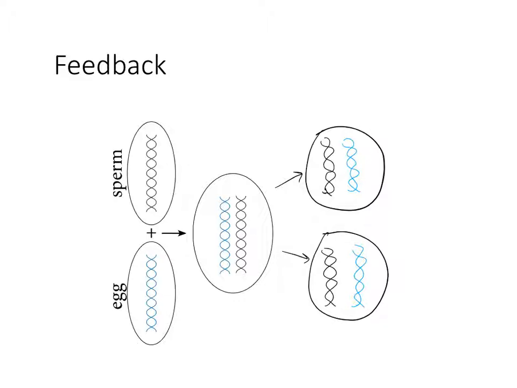To grow. So if a cell divides, the original cell needs to have the DNA. The daughter cell also needs a copy of the genome. So the original cell has to duplicate its DNA so that the mom cell keeps a set of chromosomes, and the daughter cell, the offspring cell, also gets the same set of chromosomes.